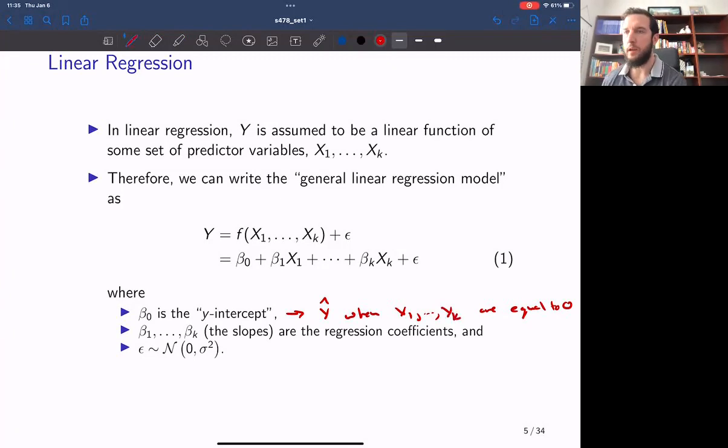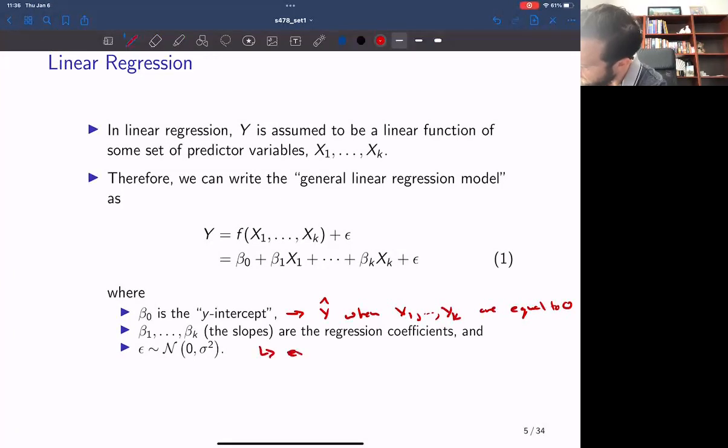Okay, beta 1 through beta k are what we call the slopes. In regression analysis, the slopes effectively represent the expected change in y for a 1 unit increase in x. When we have multiple explanatory variables, the slope terms are interpreted conditional on the other values.